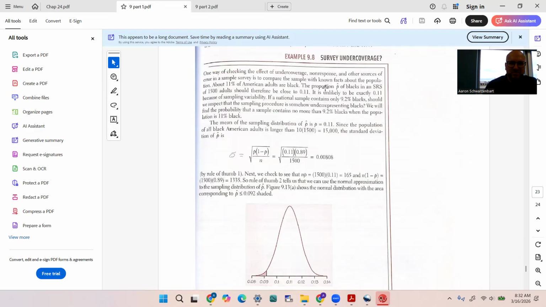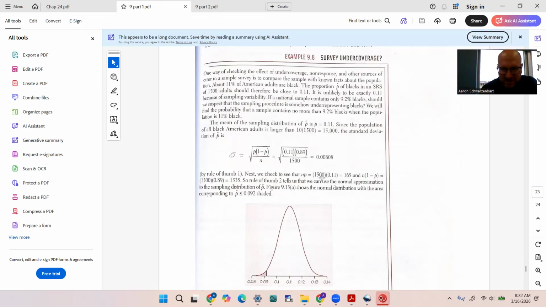So first off, is the population more than 15,000 adults? Are we at least 10 times the size of my sample? Yeah. NP and n times 1 minus p, they're both greater than 10.